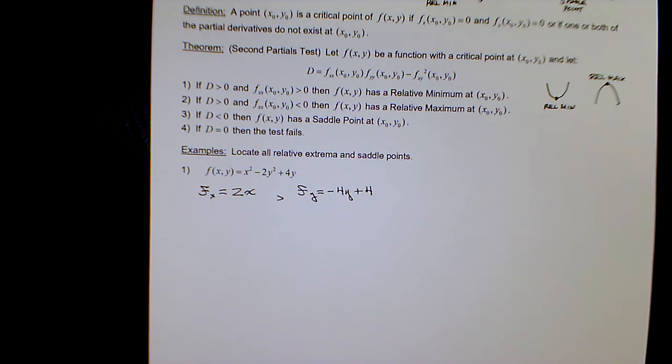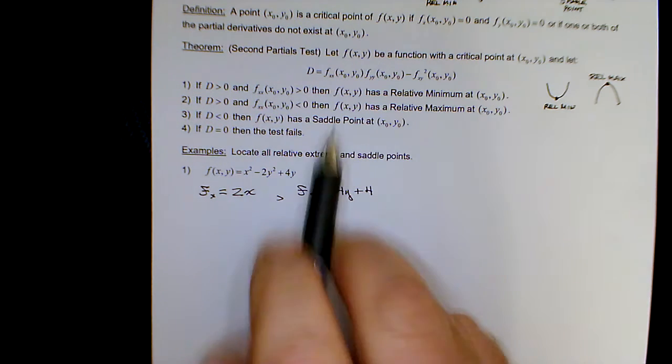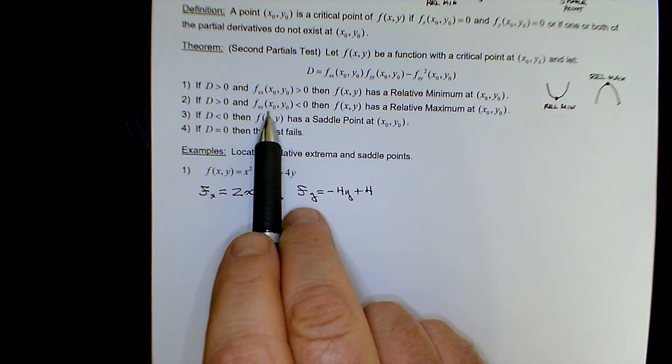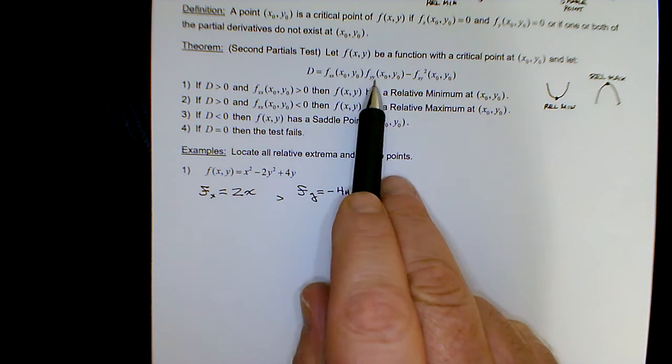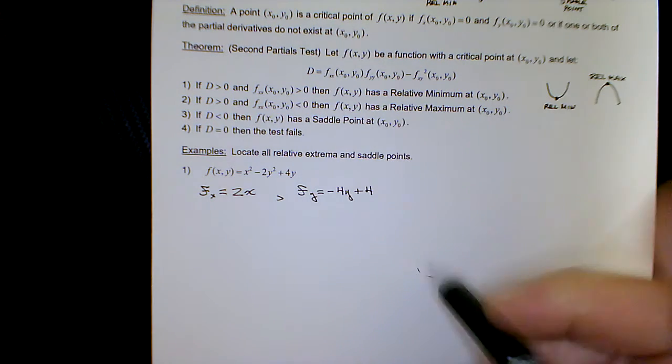And I think what I'll do here, because if you look at the formula for d, which determines if you have a relative max, min, or saddle point, we do have to involve the second partial of x, the second partial of y, and the mixed partial.